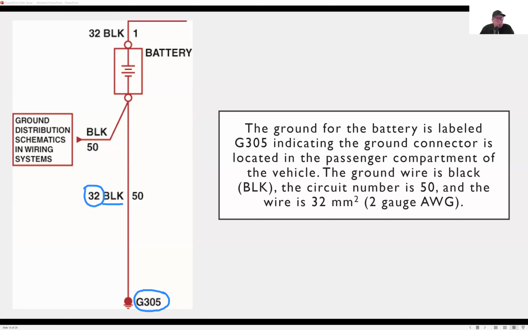The other wire that goes to the ground distribution is also black in color. It doesn't tell us the size, but it does tell us the color at least. So there's just a couple things I'm highlighting, trying to show you how we read wiring diagrams and how to understand them. At any time, feel free to pause the video and look at it a little more thoroughly.